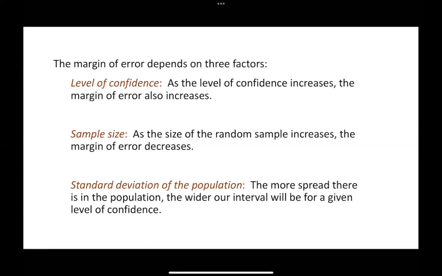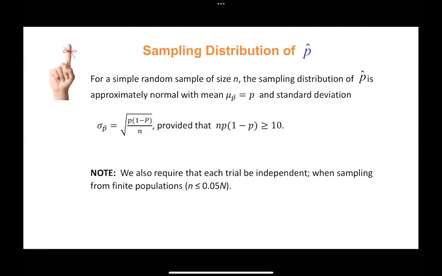Right. So this is my little finger with the string on it. Remember, this is a recall. So remember that our population proportion, our mean sub p hat, we use the population proportion for that. And for standard deviation, we use square root of p times 1 minus p over n.